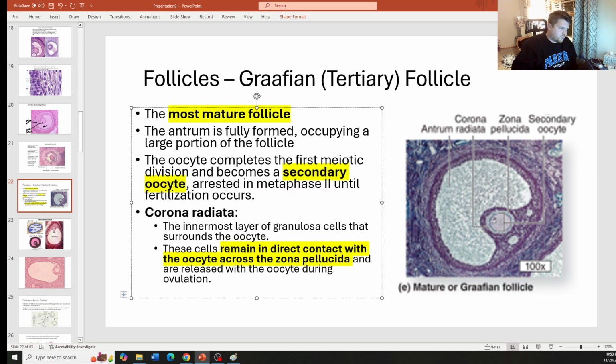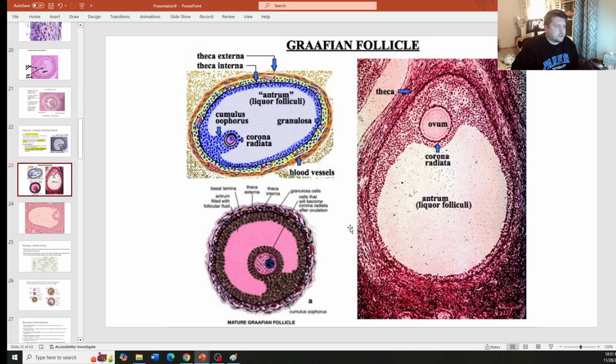We also see another structure called the corona radiata, and these are the cells that remain in direct contact with the oocyte across the zona pellucida, and they're actually going to be released with the oocyte during ovulation. So just a couple more pictures. There's a corona radiata. You can see the darker layer of cells right around the ovum, or the oocyte, right there.